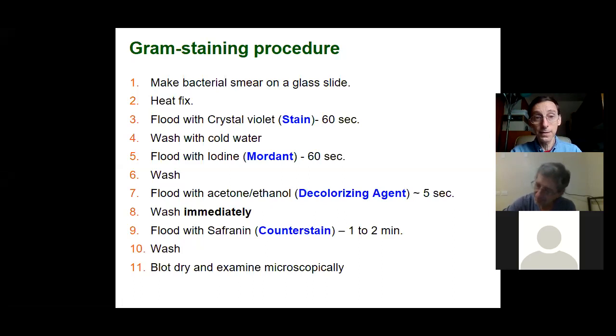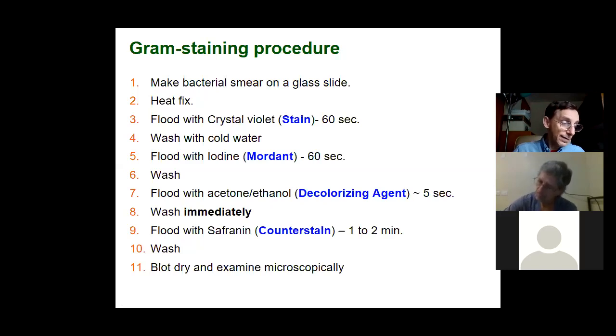You then let the slide air dry and heat fix. That's important so that the bacteria are attached to the glass of the slide. Otherwise, in the water washing, which we'll talk about in a second, the bacteria will wash off the slide. So they do have to be air dried and then heat fixed.